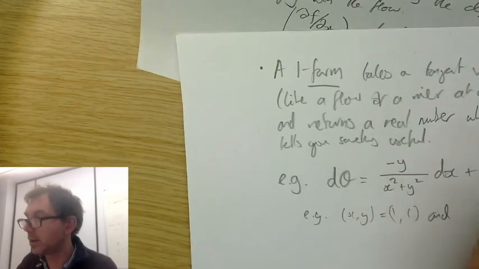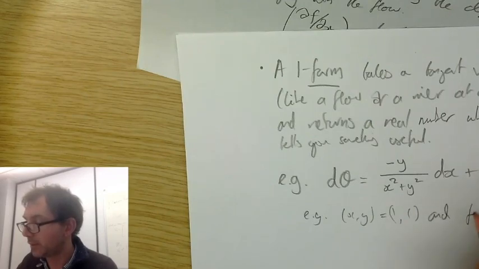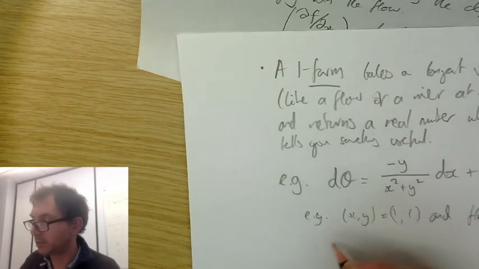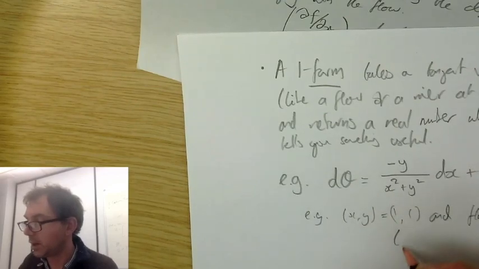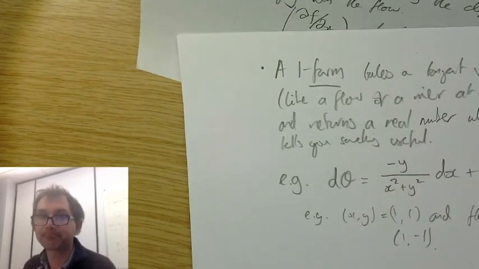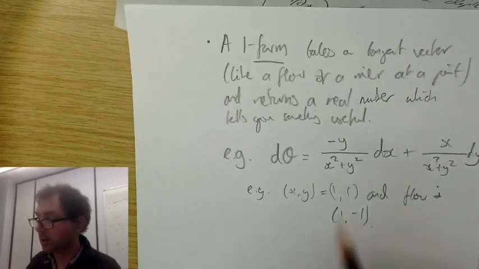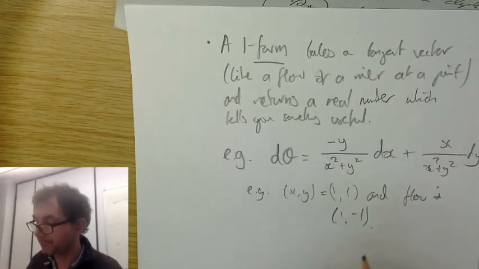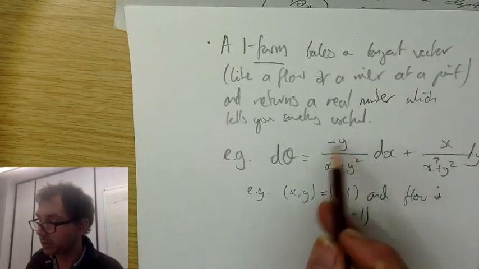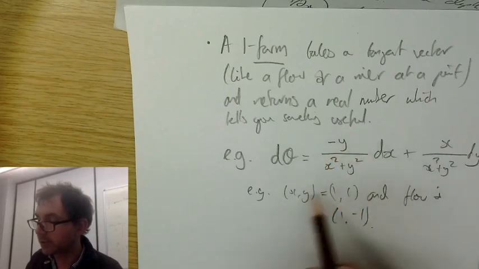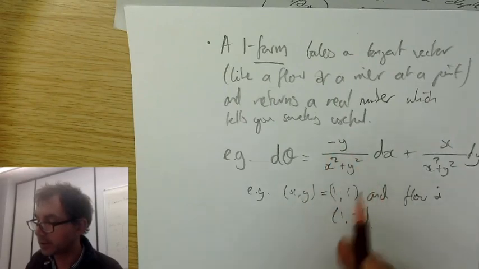And the vector field, the flow, is the vector 1, minus 1. Then you can plug all this stuff in. This is relative to the point that you're at, so you put these numbers in here.